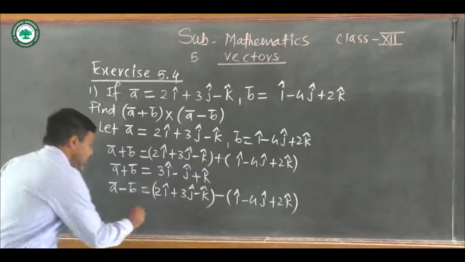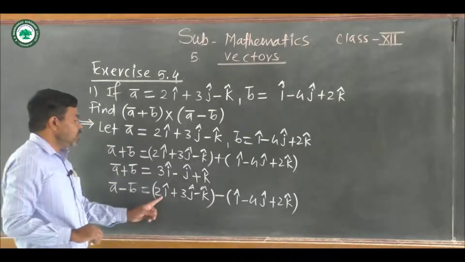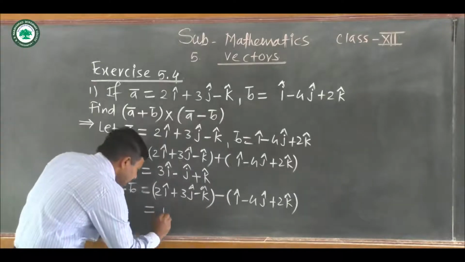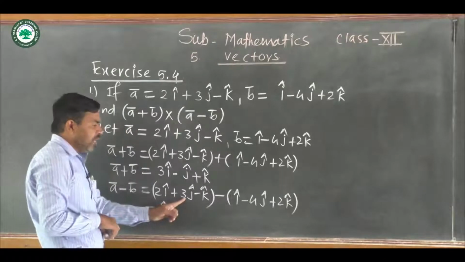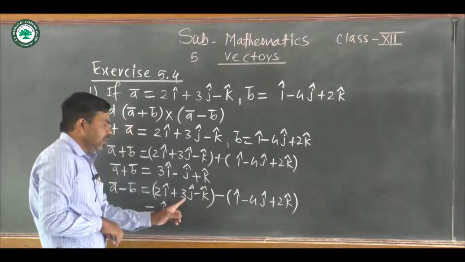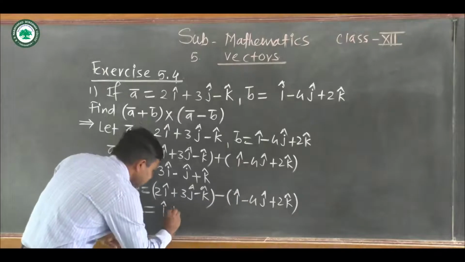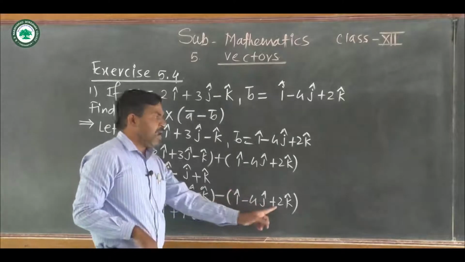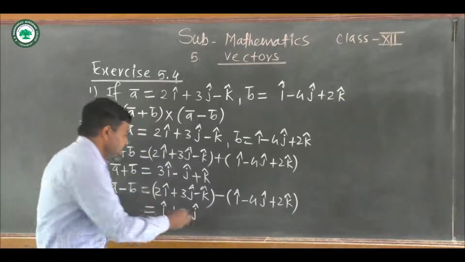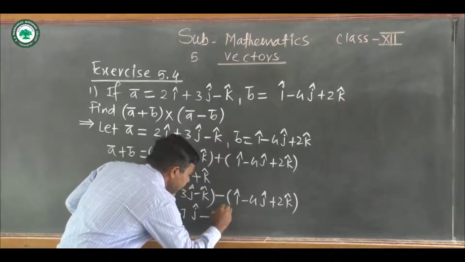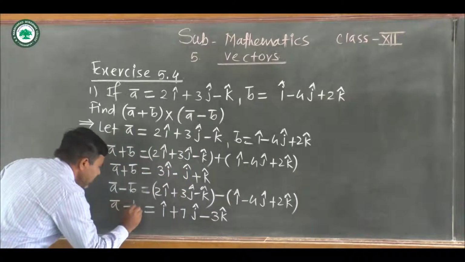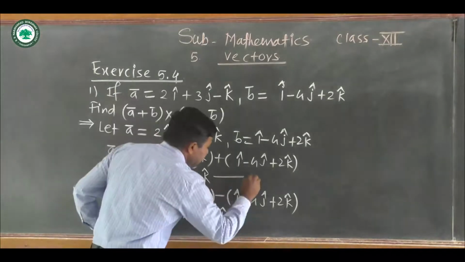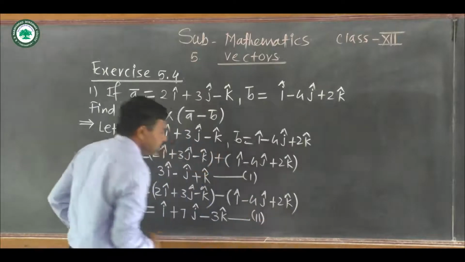Now take the subtraction of these two vectors. 2i cap minus i cap becomes i cap, 3j cap, minus minus becomes plus, 3j cap plus 4j cap, that is 7j cap, minus k cap and minus 2k cap, that is minus 3k cap. This is a bar minus b bar. See, a bar plus b bar is here and a bar minus b bar is here. Give these equation numbers 1 and 2.